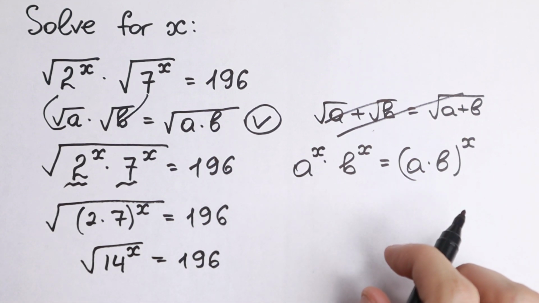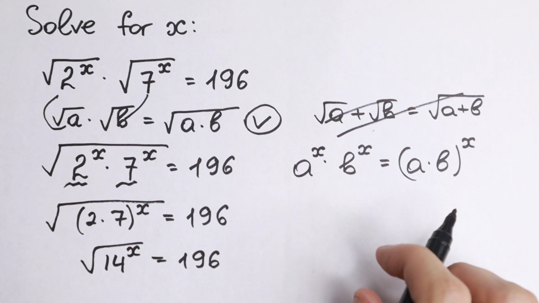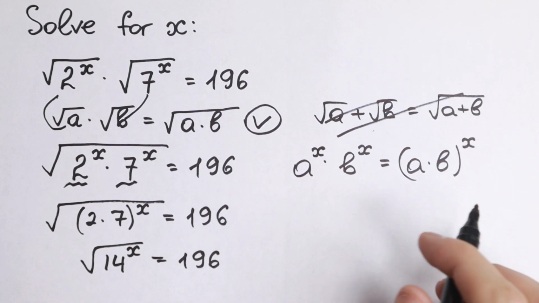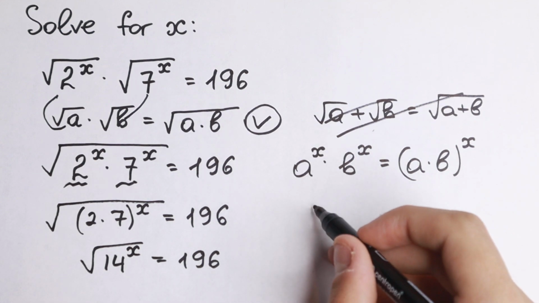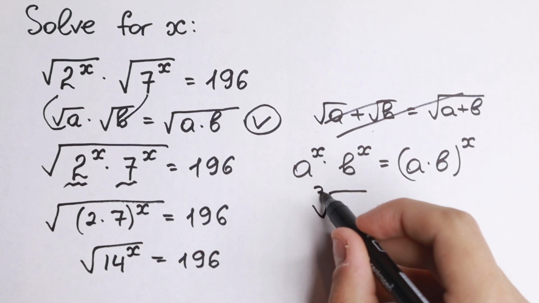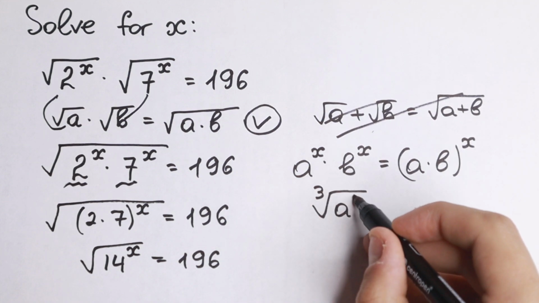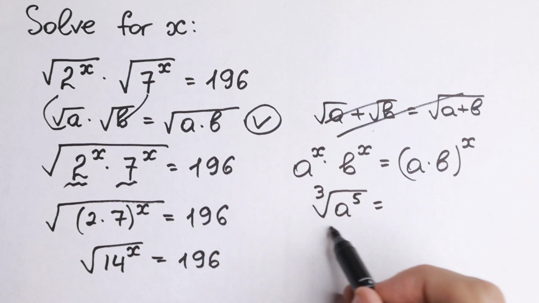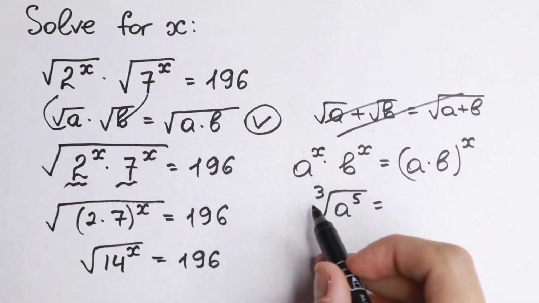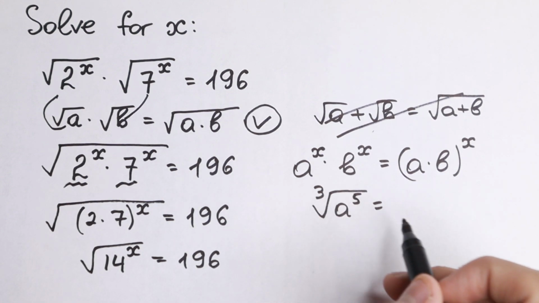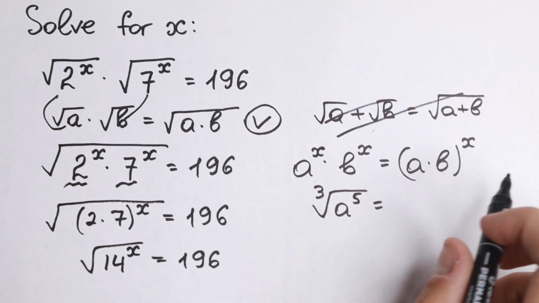So what we're going to do next, we need to know a really good, not rule, but maybe property. We will have right here, for example, cube root of a to the 5th power. So if we have this power and this power with this a, we can write it in the fraction way.